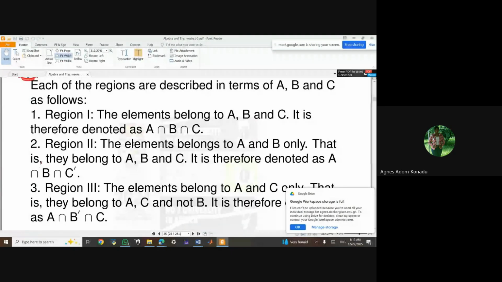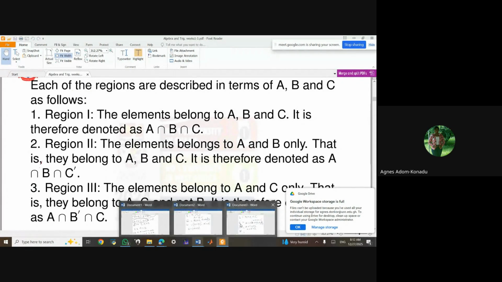The second one says that the element belongs to A and B only. That is, they belong to A and B, and I think not in C. It is therefore denoted as A intersection B intersection C complement.